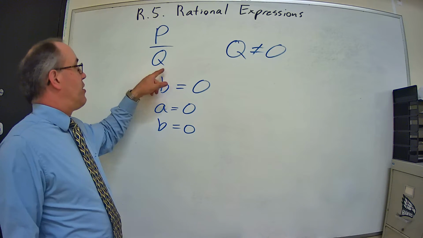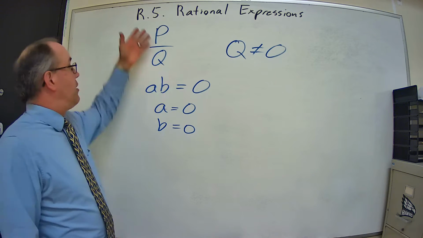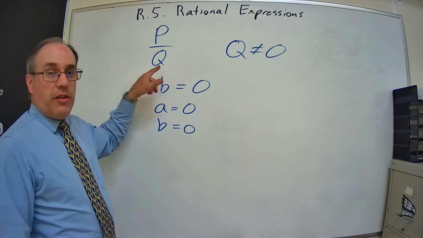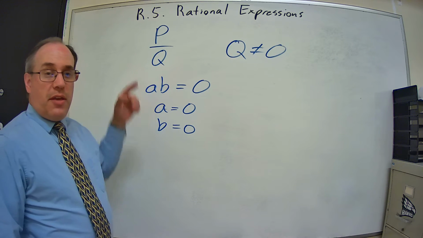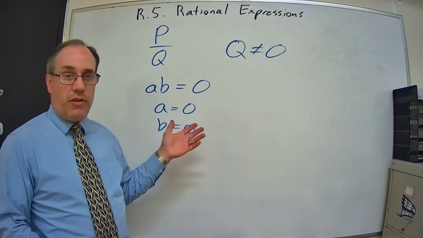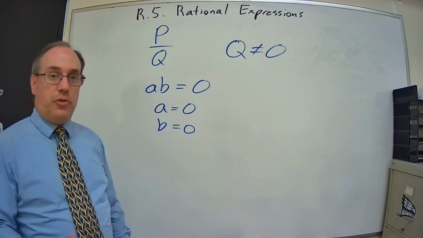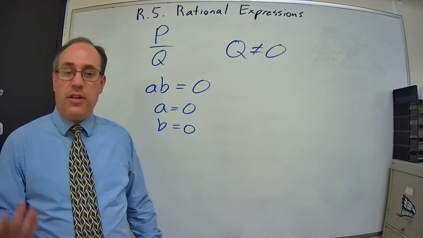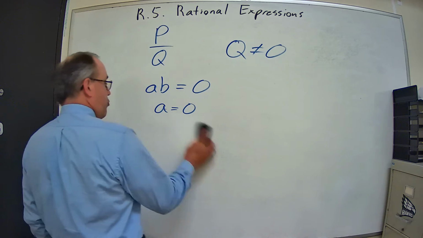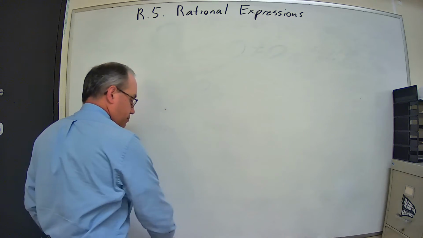So when we're dealing with this rational expression, we can factor Q, and for each of those factors, we find when it's equal to 0, and that's going to determine what will not be part of our domain. So let's take a look at some different examples of this. We'll start with something really easy, and then we'll move into something just a little more complicated.